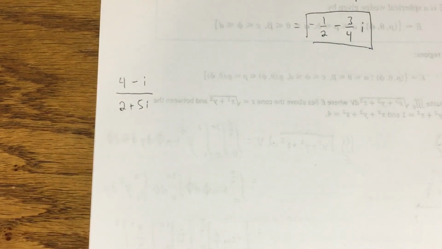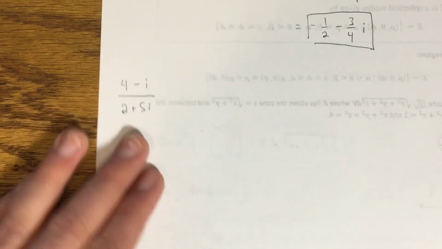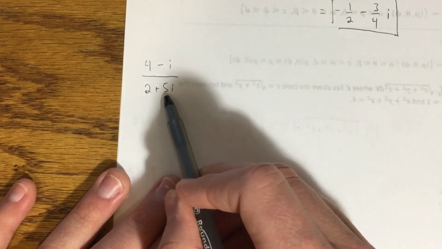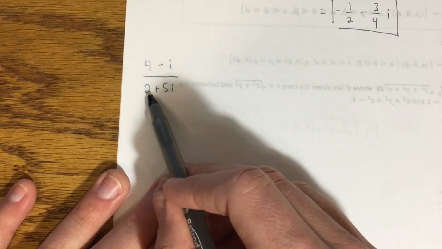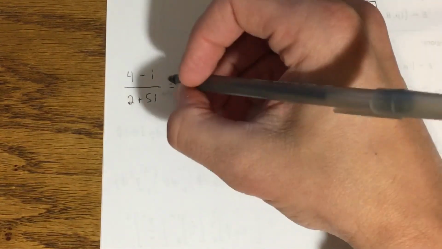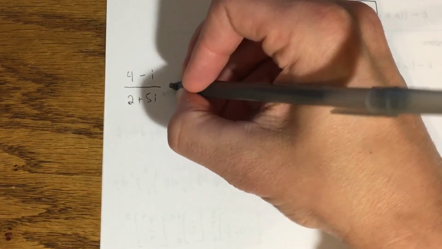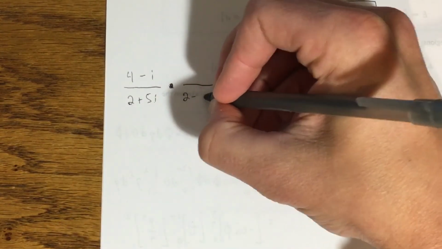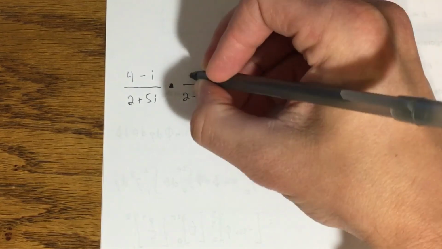If I just multiply this by i over i, like I did in the previous example, even though this i will become a negative 1 and make this a real number, I'm going to get a 2i here, so I haven't really fixed the problem. Instead, we're going to use what we talked about with multiplication and multiply. That should be a multiplication, not an equals. We're going to multiply by the conjugate of the denominator. So instead of 2 plus 5i, I multiply by 2 minus 5i.